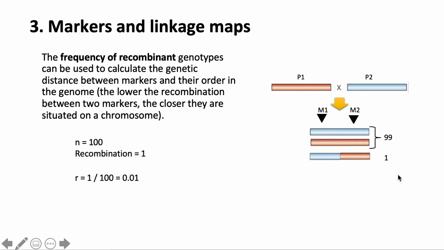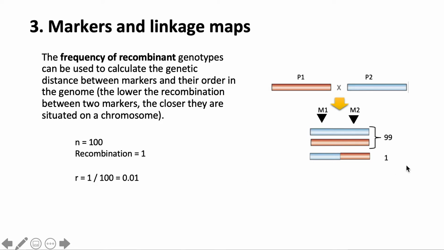We try to follow the recombinations in the population, which is why we have to estimate the frequency of recombination, that is, the frequency with which one recombination occurs between two markers. Basically, we have to take into account in which individuals of the population we have recombination, and divide that by the population size, and with that we have the frequency of recombination.